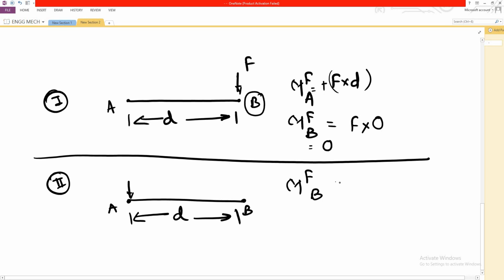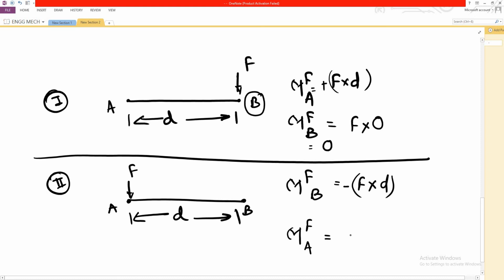Now let's focus on example number 2, where we place this force F on reference point A. When we calculated moment with respect to point B, we said it is the product of force and the perpendicular distance between the force and the reference point. How much is the distance? F into D. Since it was creating rotary effect in anti-clockwise direction, we applied a negative sign. Now in example number 2, what will be the moment generated by this force F with respect to point A?